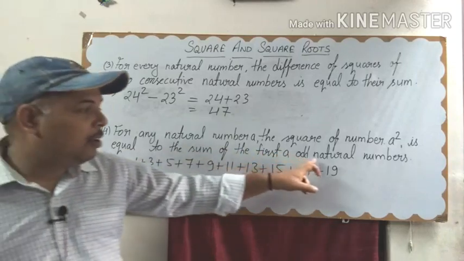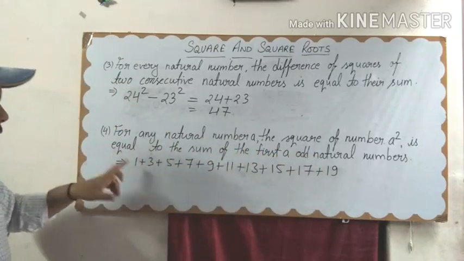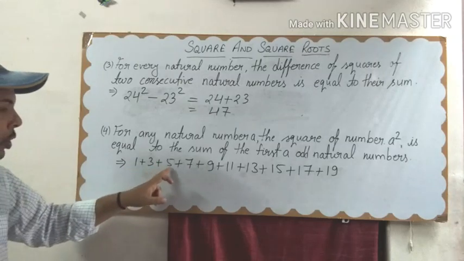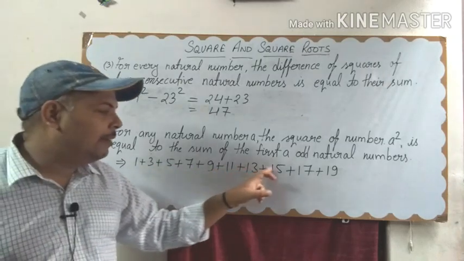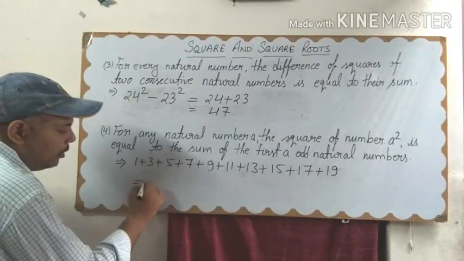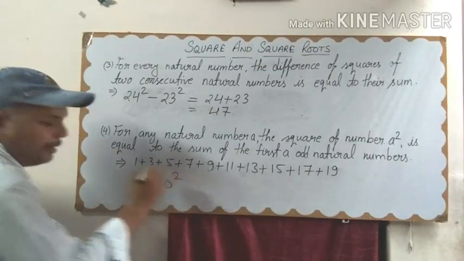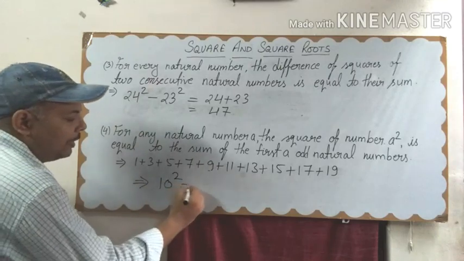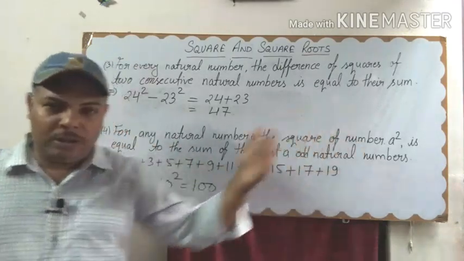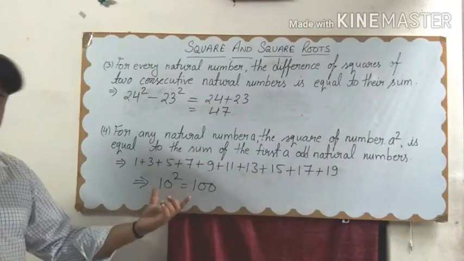So first count how many numbers there are. 1, 2, 3, 4, 5, 6, 7, 8, 9, 10. 10 numbers are there. So only find the square of 10, which will be 100. It means the sum of all these odd numbers will be 100.